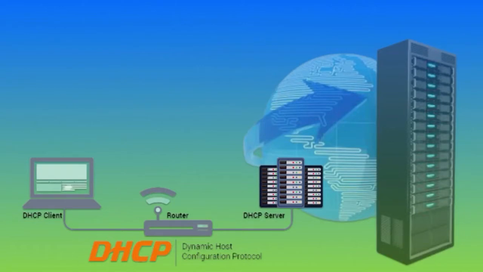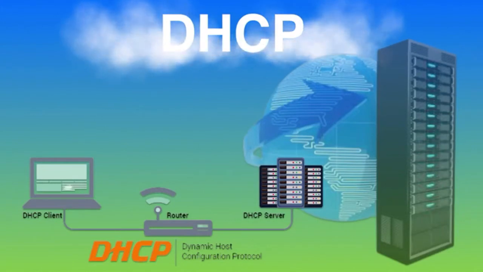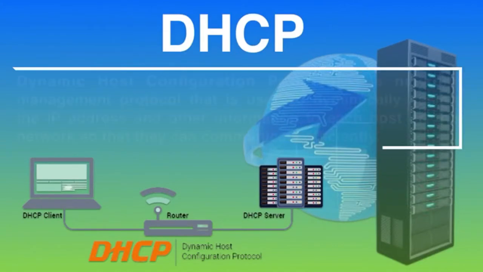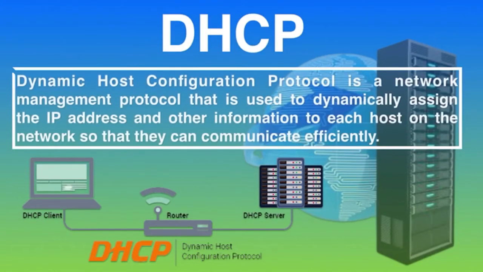Alright. Let's get on to the first protocol. What is DHCP? Dynamic Host Configuration Protocol is a network management protocol that is used to dynamically assign the IP address and other information to each host on the network so that they can communicate efficiently.